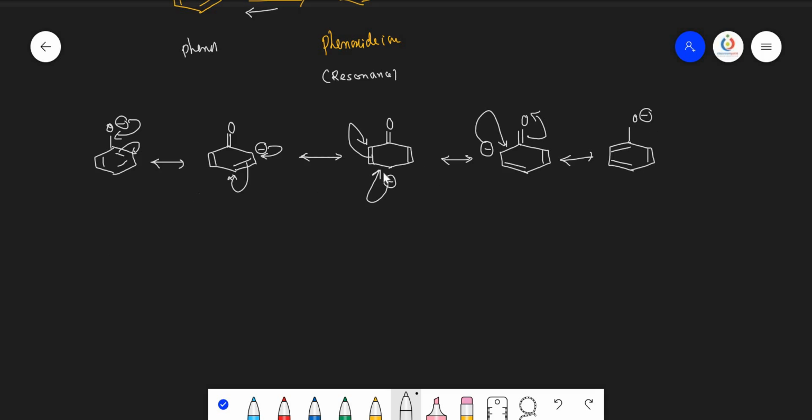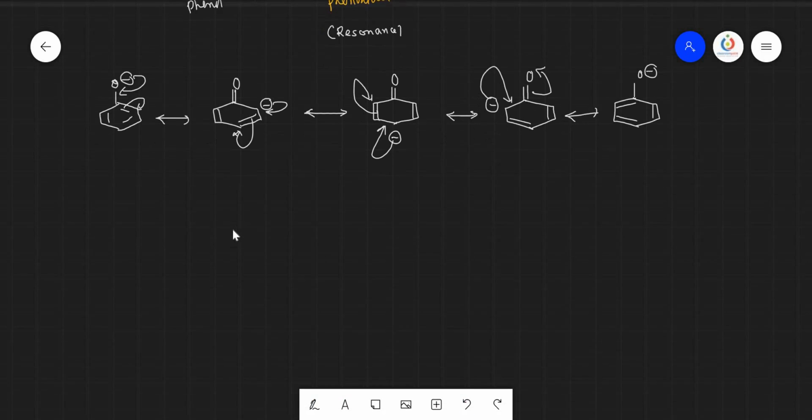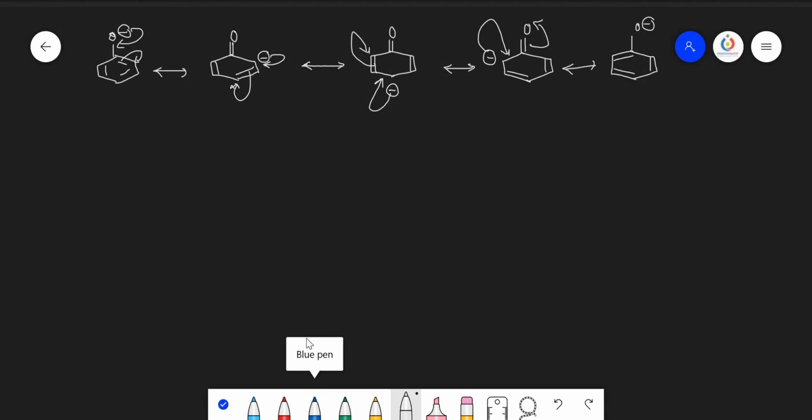Phenoxide ion is having these many resonance structures, almost 5 are there. Okay, and now let us see why phenol is less stable than the phenoxide ion. Let's take the phenol. In phenol, a lone pair of electrons is present over the oxygen atom.